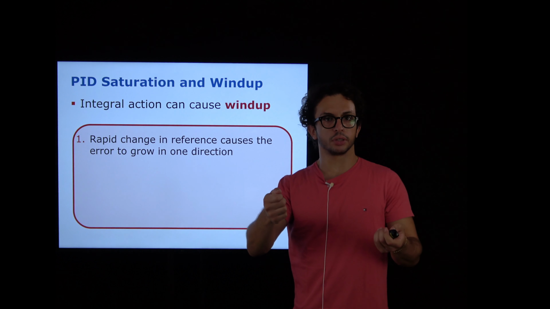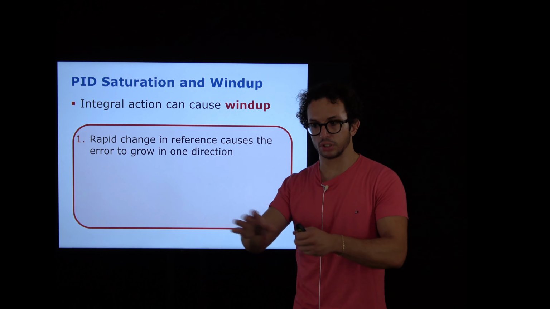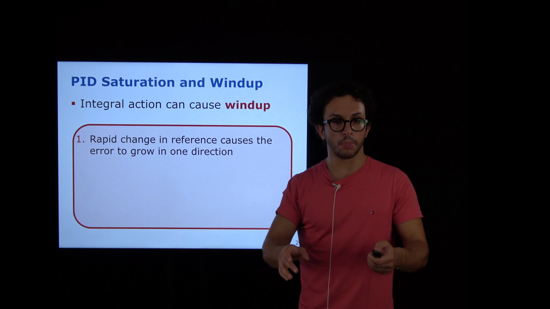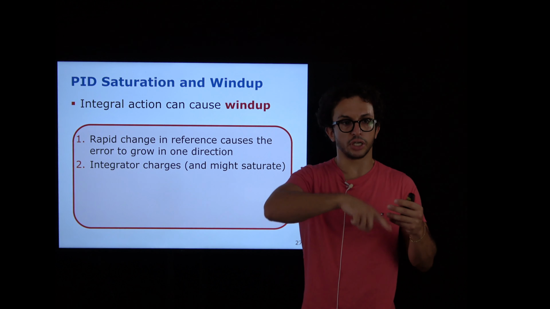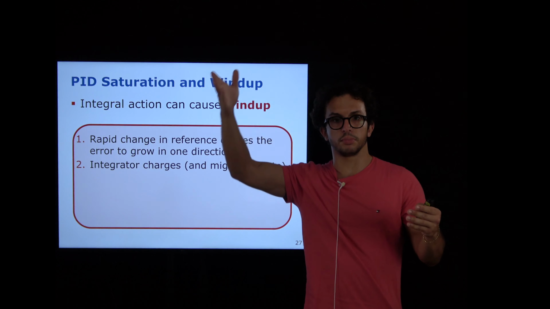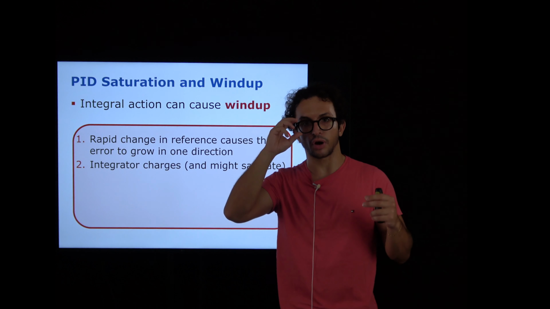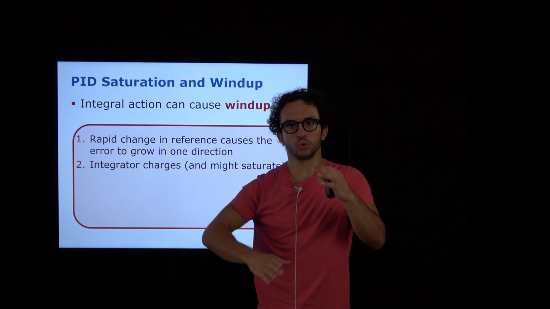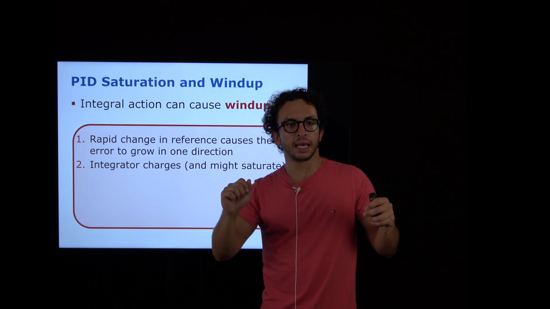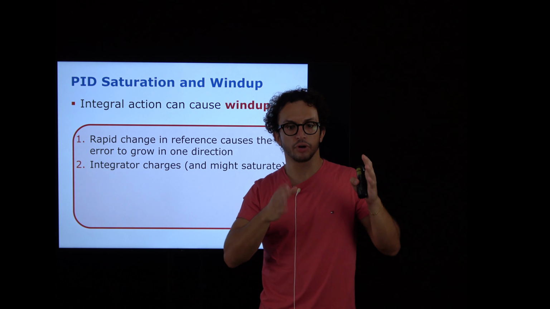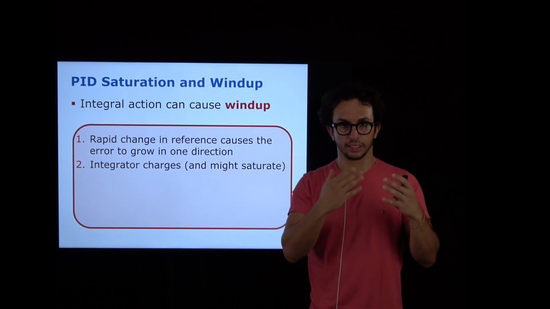If the error is growing, we know that the proportional controller does its own stuff, but the integral action starts accumulating. The error is growing in time, because if the reference changes very, very rapidly, then we are not able to follow it immediately. So there will be a big error for some time. And in this time, the error accumulates. So the integrator accumulates the error.